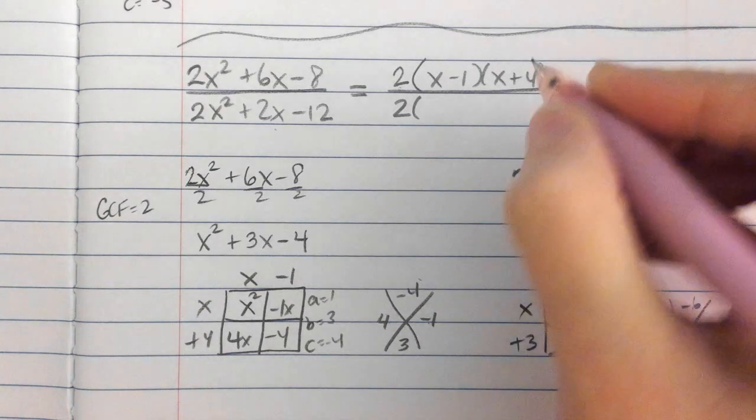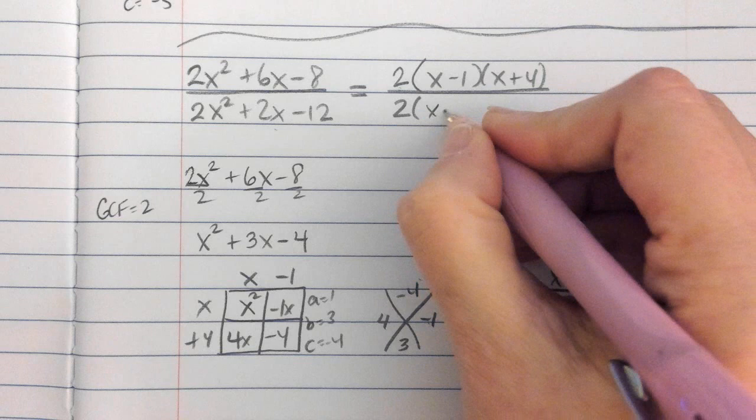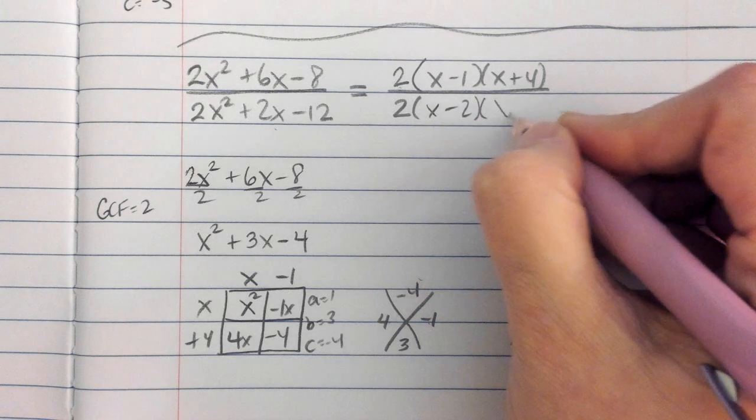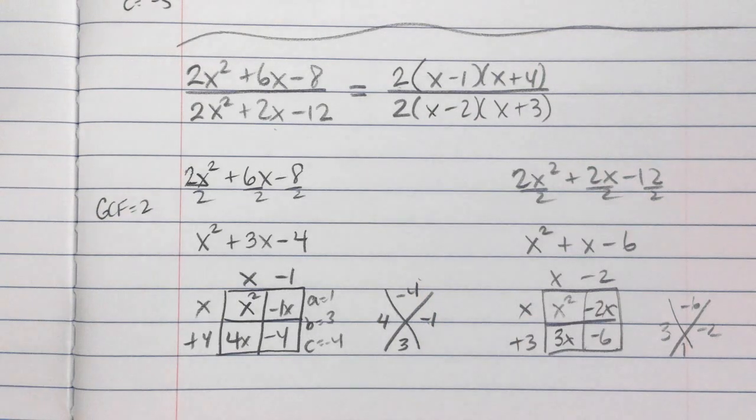Okay, so my other factors are x minus 2, x plus 3. Okay, I know I did that kind of fast, but you can rewind if you need to.